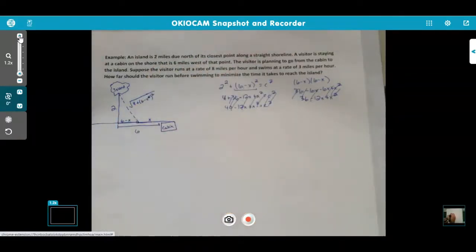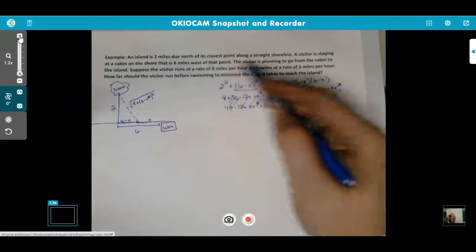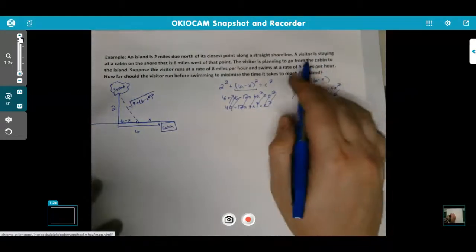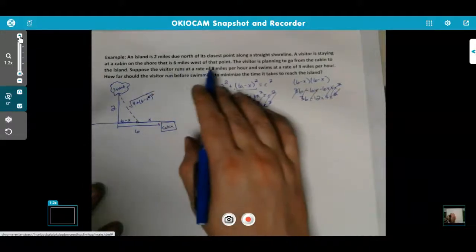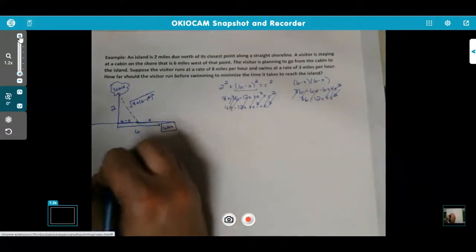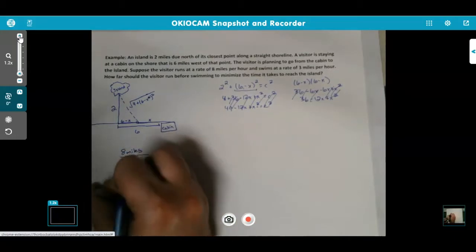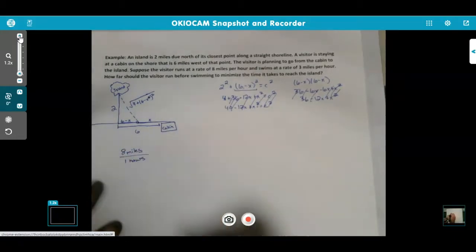Okay, so they want to minimize time. So I need to use all of these words to find a function of time. Well, I know his speed to run is 8 miles, so he can run 8 miles in 1 hour. That's his speed.